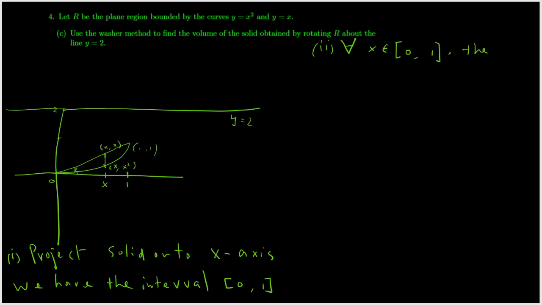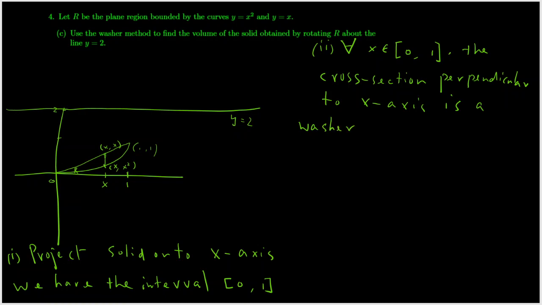I will write some wording first. The cross section perpendicular to the x-axis is again a washer with the outer radius.